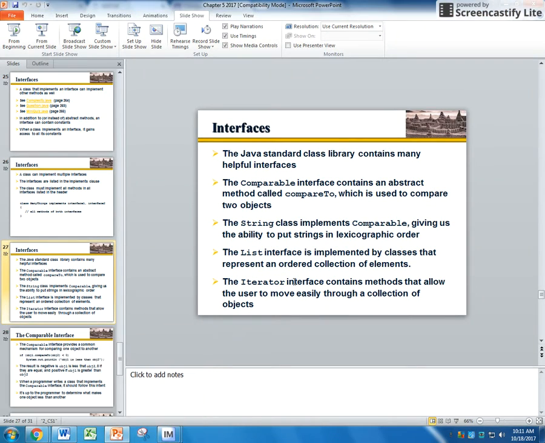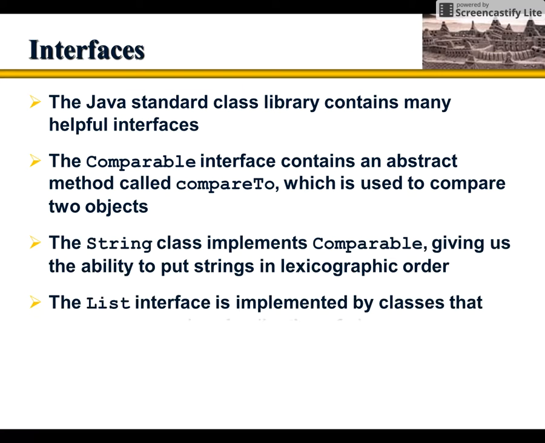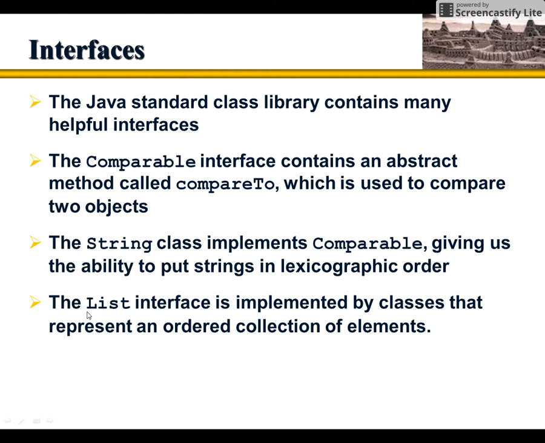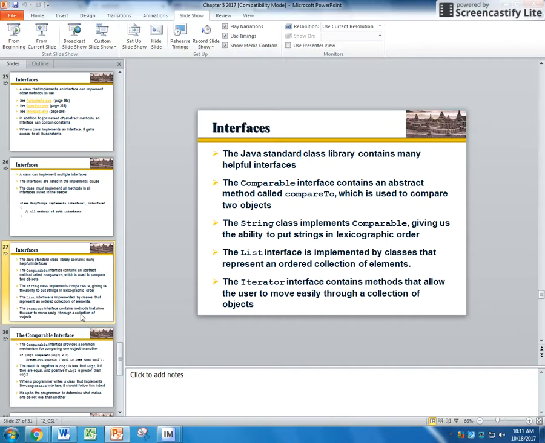Now, you'll see some other things on this slide that you're not familiar with yet, like list. The List interface is something we'll look at, but not until we get to arrays, because we're going to learn about a class called ArrayList.